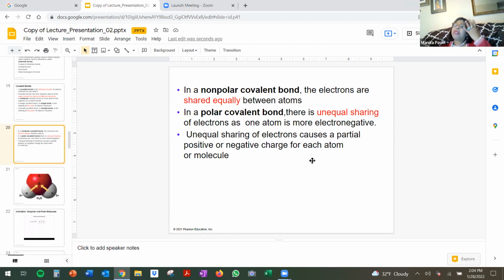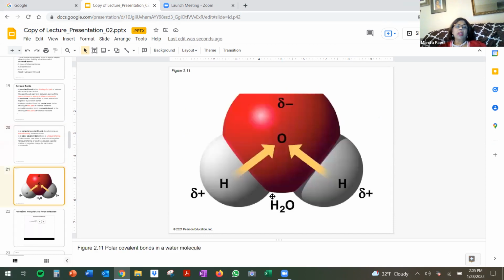Because of this unequal sharing of the electrons, it is going to cause a partial positive charge on hydrogen and a negative charge on oxygen.